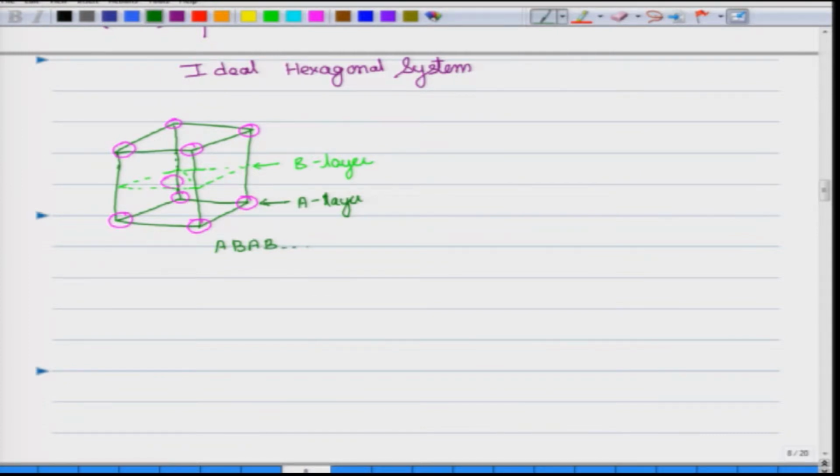Okay, so now coming back to this, let us look at these 4 atoms 1, 2, 3, 4. Now, if you look at it, this is at the centroid of the triangle over here. So, when you connect, what this forms is a tetrahedron.